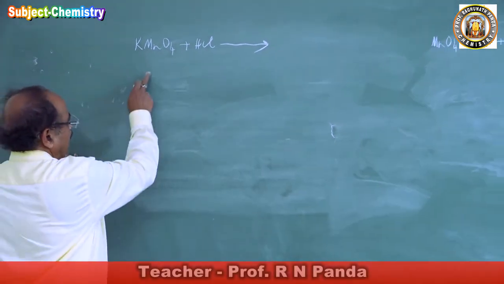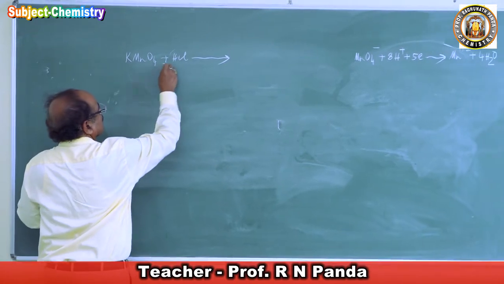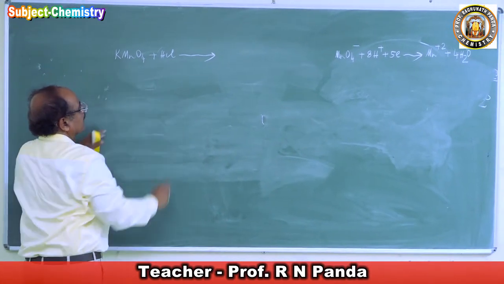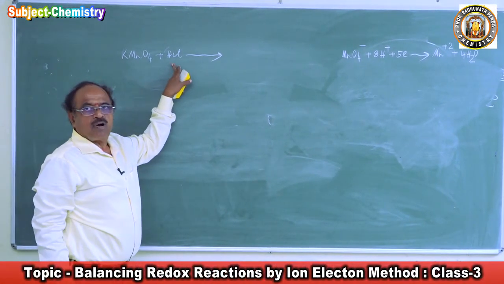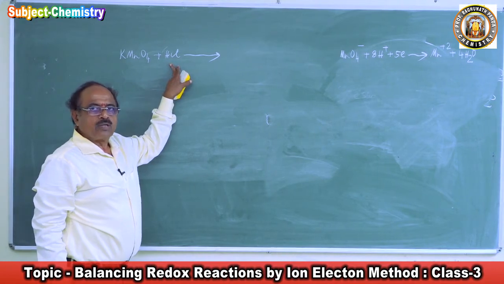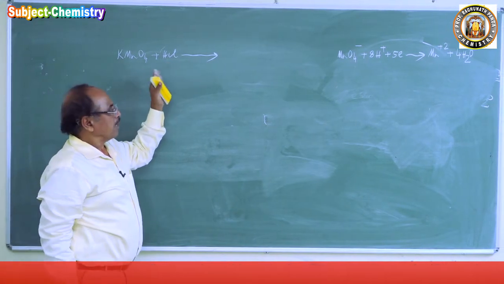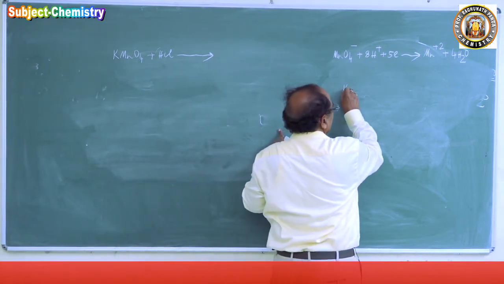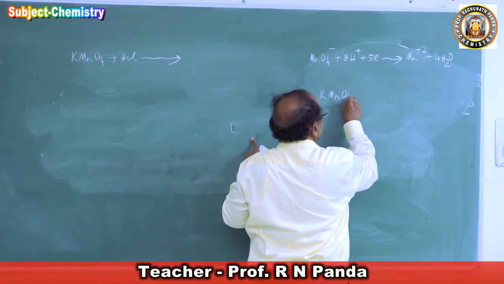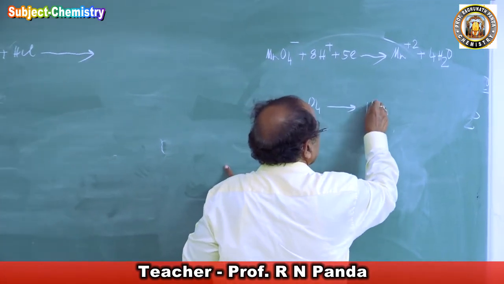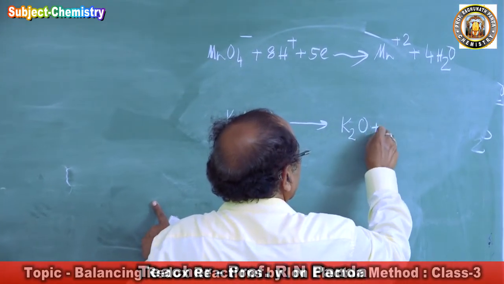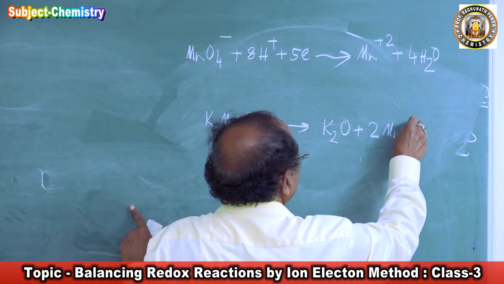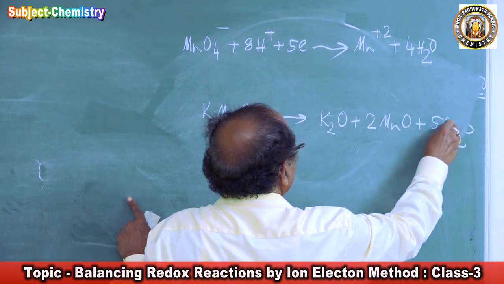So now, with HCl, the potassium permanganate will give O. Potassium permanganate forms K2O, 2MnO, 5O. If you write the equation for this, what is happening? 2KMnO4 is forming K2O plus 2MnO plus 5O.